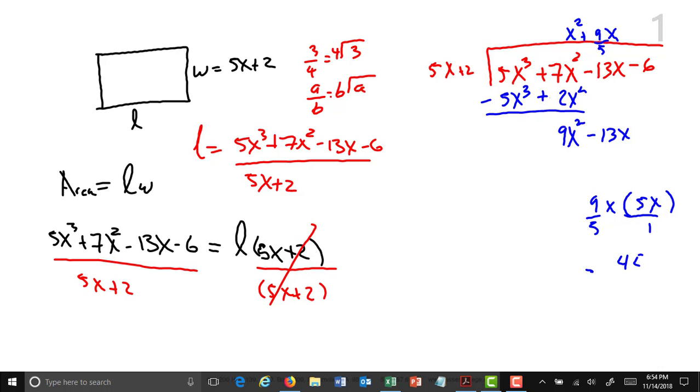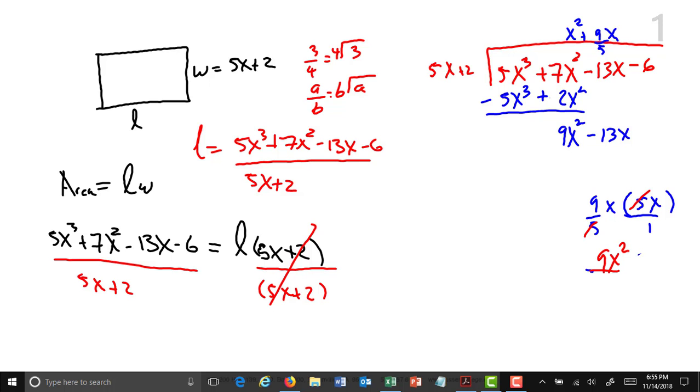Well, wait a minute. I don't need to do 45, do I? Because I did it by design. Look, 5 divides into 5. So what do I end up getting? 9x squared. So I have to actually multiply that thing by 9/5 because the 5 will divide with that 5 and leave me the 9 that I want to get rid of.